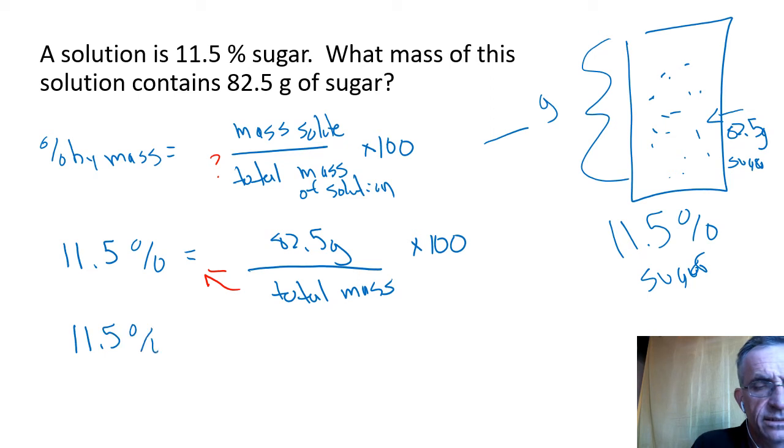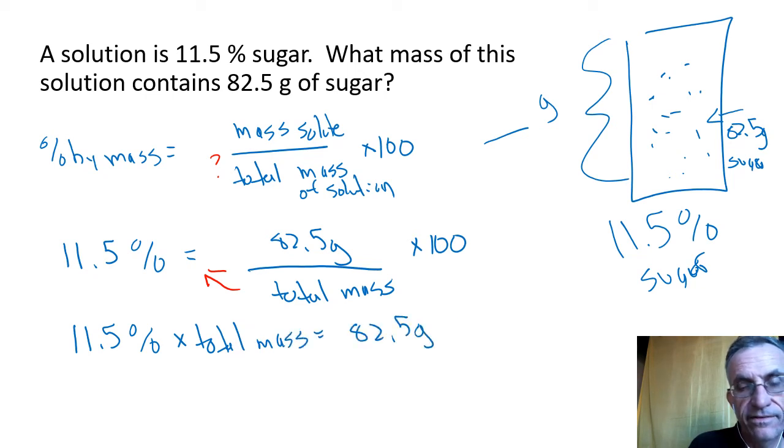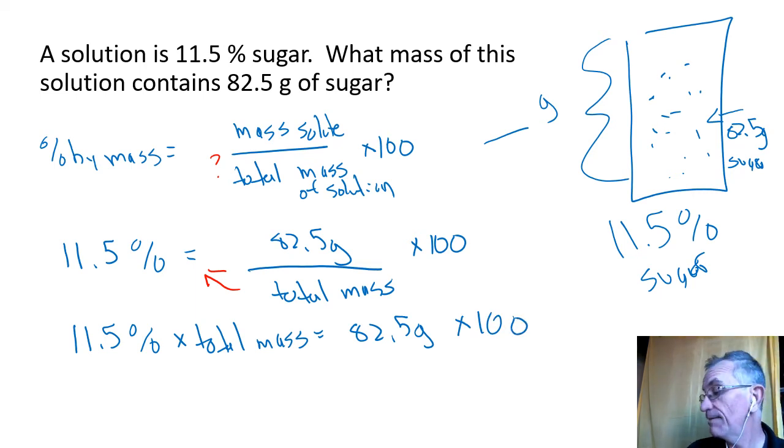So we'll get 11.5% times the total mass equals 82.5 times 100. Now I got to get the total mass by itself.